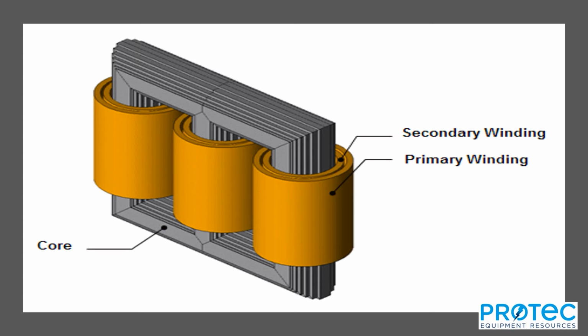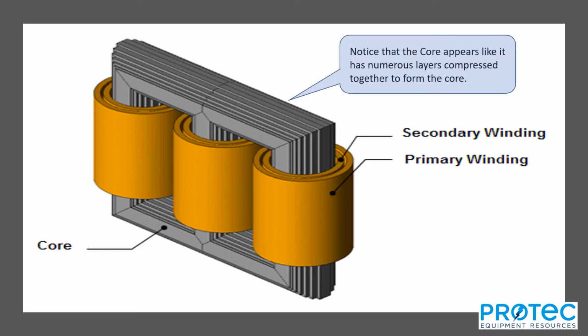One other thing that I might point out, just an interesting note, it's not key to our performing a transformer turns ratio test, but notice what that core looks like. It doesn't look like one solid piece of metal, or at least it looks pretty rigid on the edges, and that's because it's not one solid piece of metal.